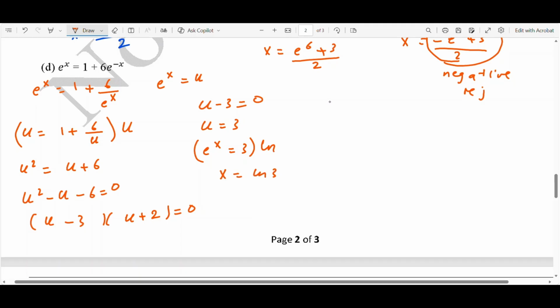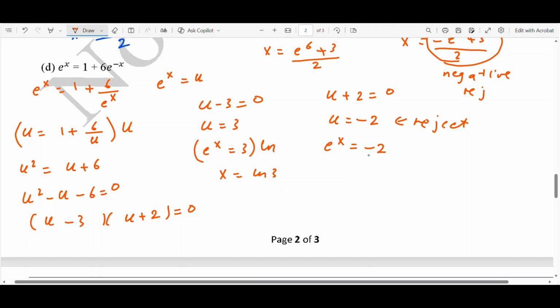The second bracket, u plus 2 equals 0. u equals negative 2. I'm going to reject this. Why, Miss Noor, do I have to reject it? Because e to the power x will never give me a negative value.